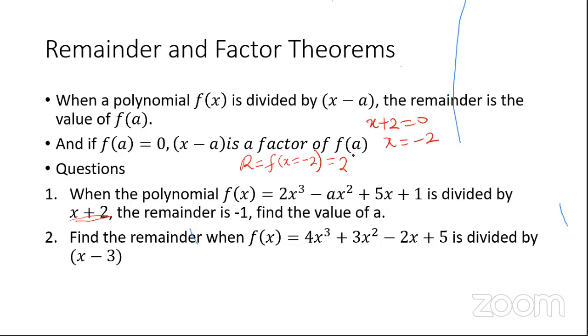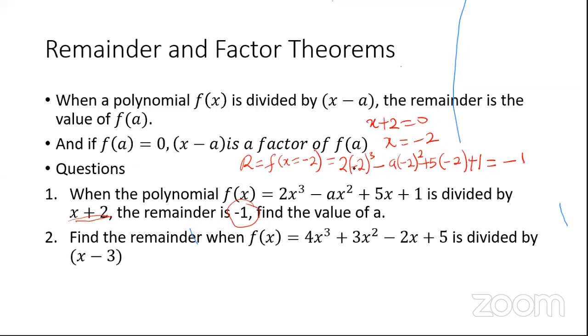So we have 2 times minus 2 raised to power 3 minus a times minus 2 raised to power 2 plus 5 times minus 2, then plus 1. The remainder is minus 1, as they have given it here.